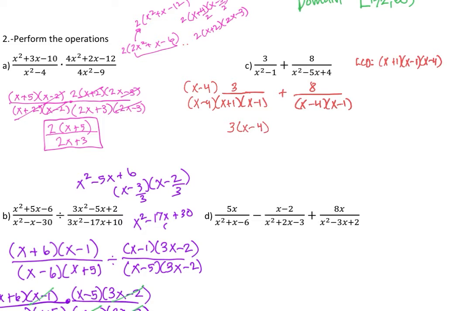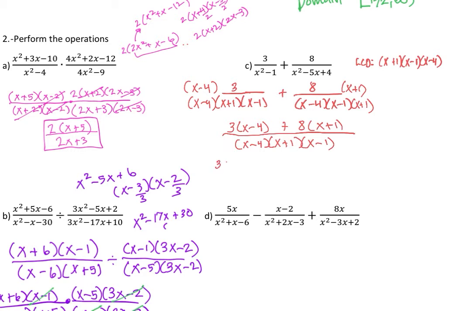And then in my other fraction, I am missing an x plus 1. So I'm going to multiply the top and bottom by x plus 1. Now, once I do that, notice that my denominators are completely the same. So I have x minus 4, x plus 1, x minus 1. They don't have to be written in the same order as long as they have the exact same factors on both. Now, we just distribute it through the numerators.